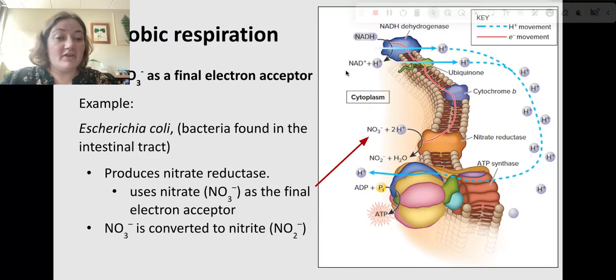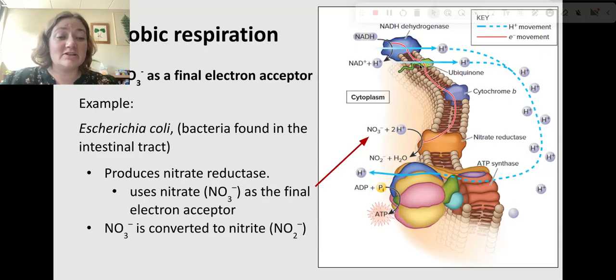Now notice, everything happening here looks pretty much the same. We have NADH donating electrons. They're going through the electron transport chain. We have protons being pumped across the membrane, building up a gradient. We're using ATP synthase to synthesize ATP.